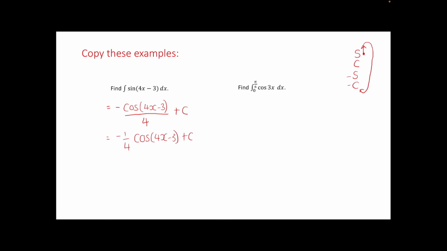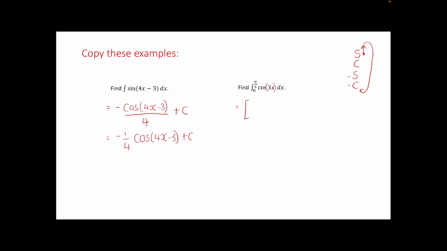So this next one, we have got a definite integral. We've got a cos 3x, so this time my 3x is following my cos. So remember, that's actually got brackets in it that we have to add in ourselves just to remind ourselves that it's there. So I'm going to start off by integrating. This time I'm going to have to put it in square brackets because it's my definite integral.